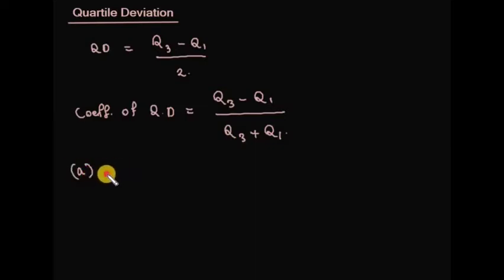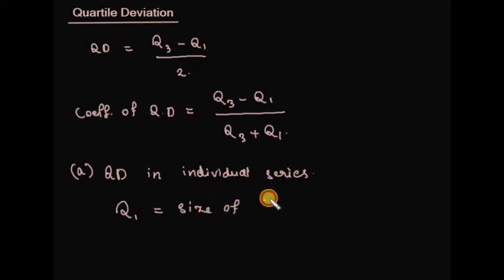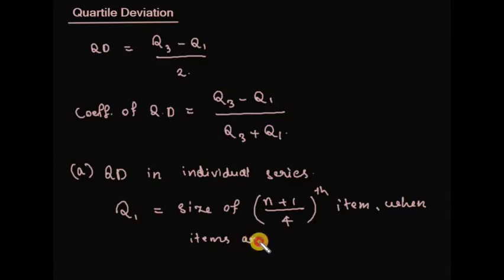Okay, now let's look at problems one by one. First is quartile deviation in individual series. Here Q1 is defined as size of n plus 1 by 4th item when items are in the ascending order of their magnitude.